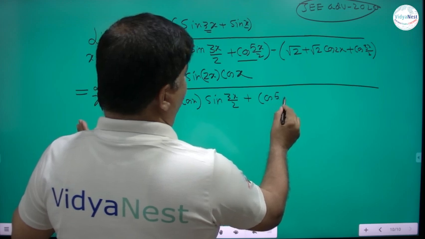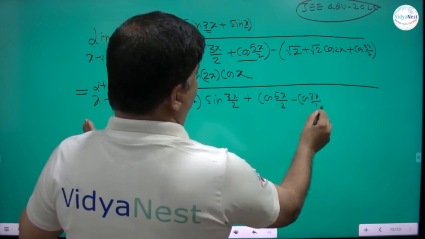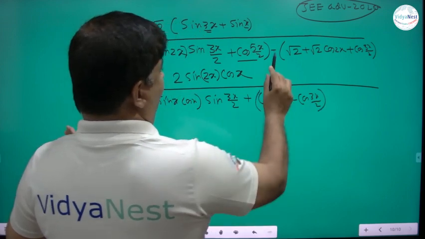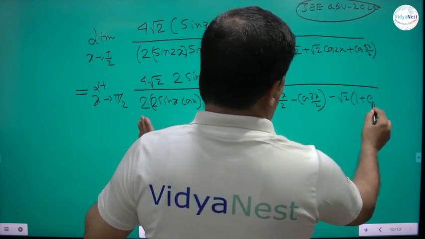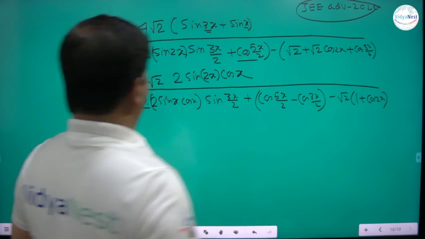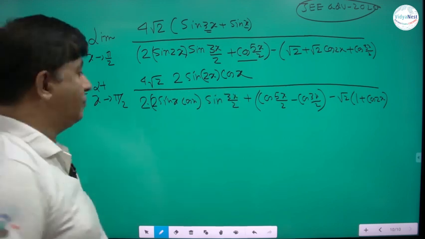So put them after removal of the bracket, you will get this. And from the rest, you take root 2 common. See how you are privileged by this.